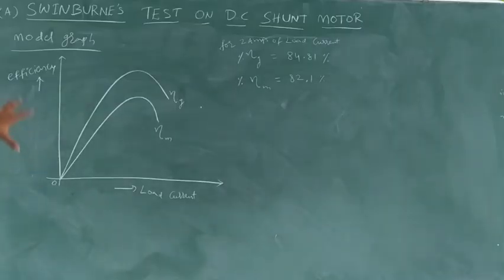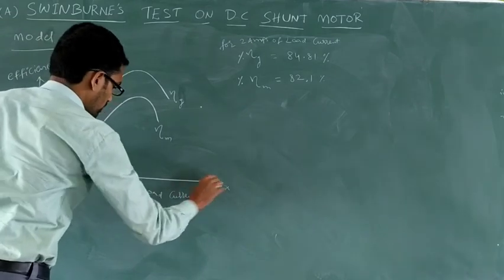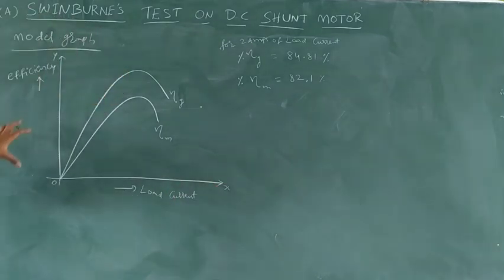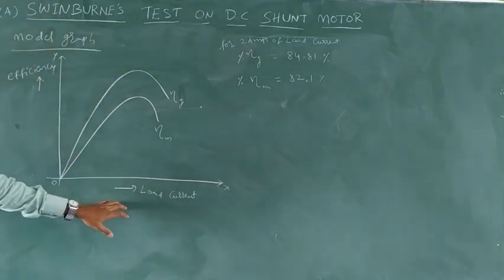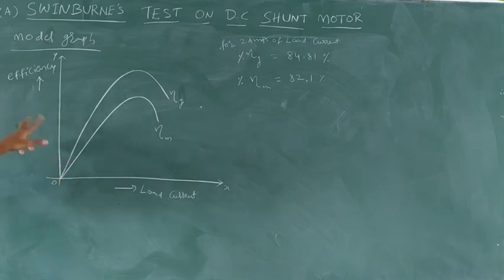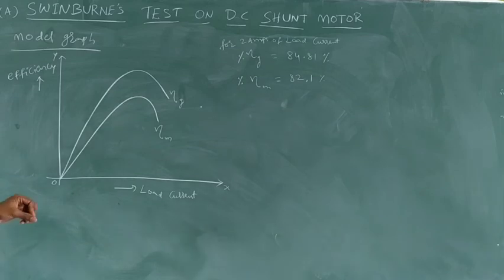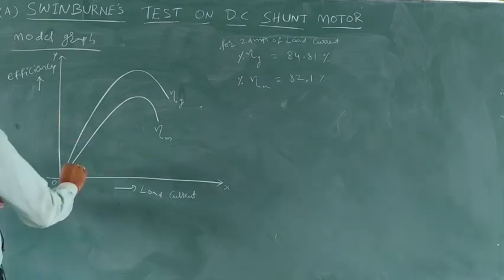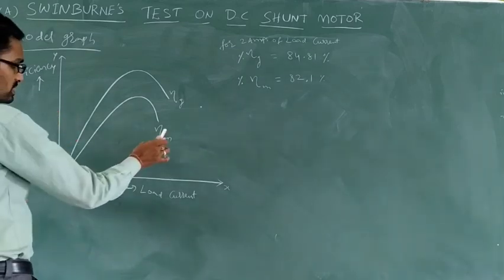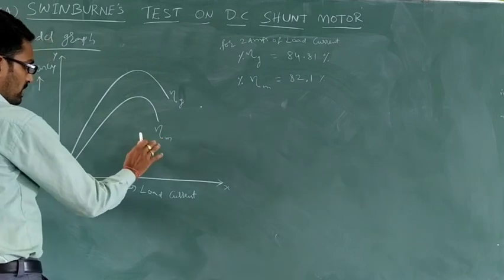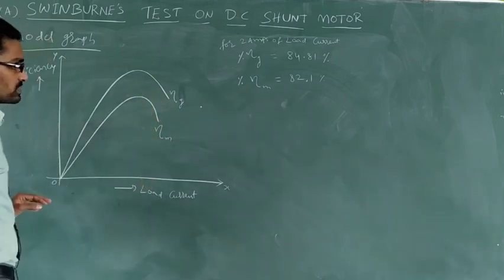Here, if you see the model graph for this Swinburne's test, we are taking efficiency on the y-axis and load current on the x-axis. If I draw the graph between load current and efficiency, you are going to get increasing values of efficiency. The motor efficiency values are less than the generator efficiency values.